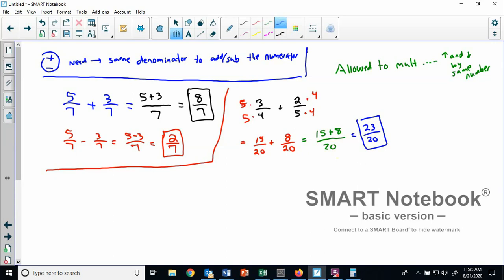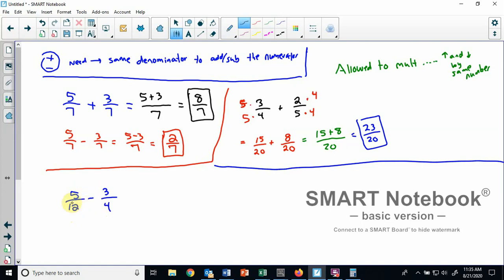Let's do one more example of adding or subtracting fractions. So let's do 5 over 12 minus 3 over 4. And you look at it and you say, 12 and 4, are they the same? No. Can I multiply them to get them to be the same? Yes, there's lots of numbers.